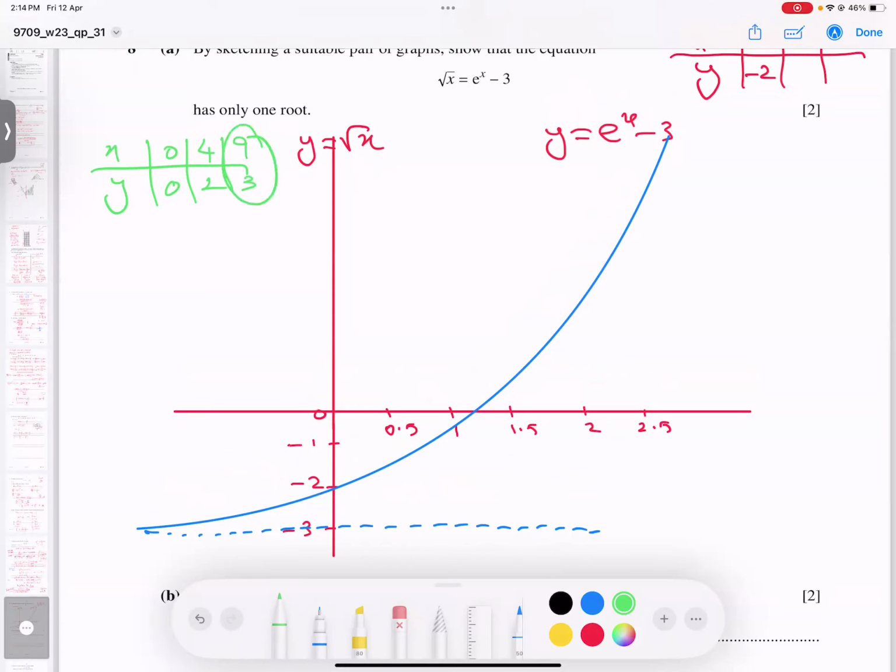Although I can't show these numbers, 0, 0 is here very clear, and 4 is somewhere here for 2. So if you look carefully, this graph will go slightly like this. If you make this graph, you see they are intersecting somewhere in the middle.